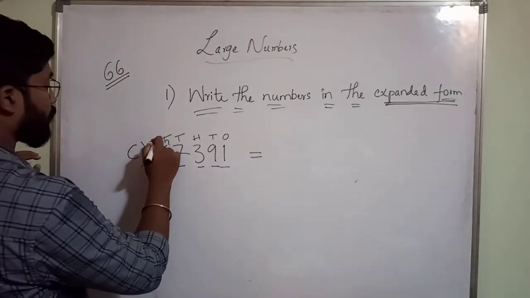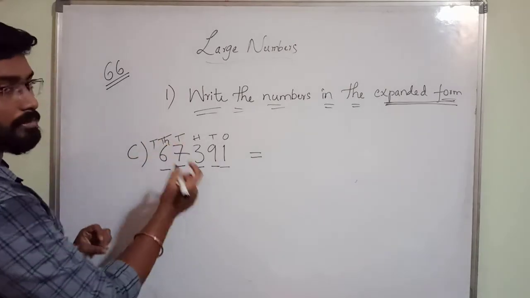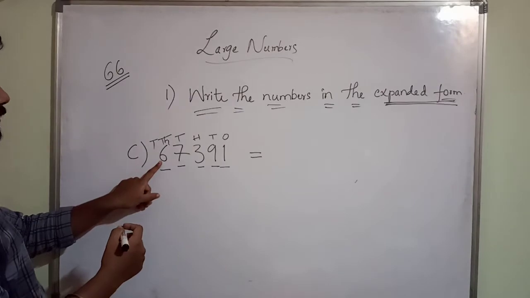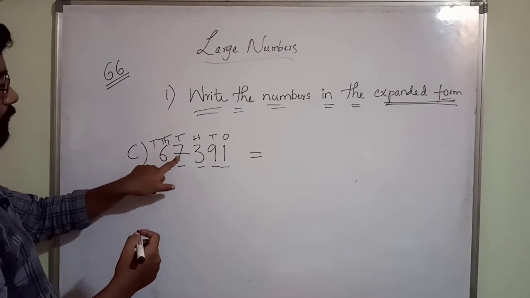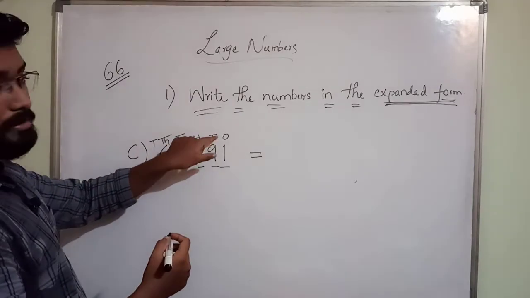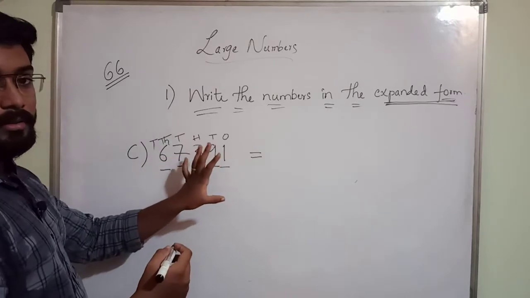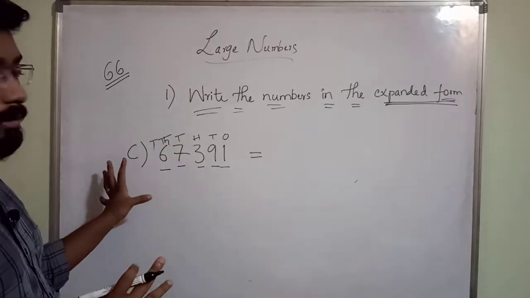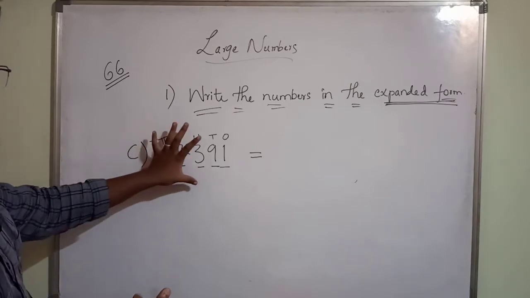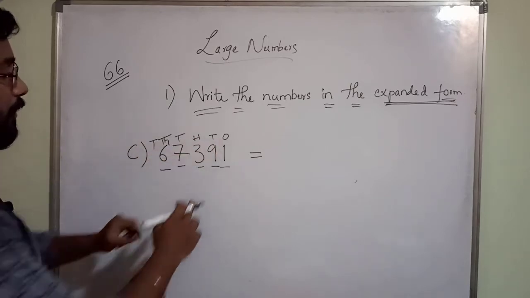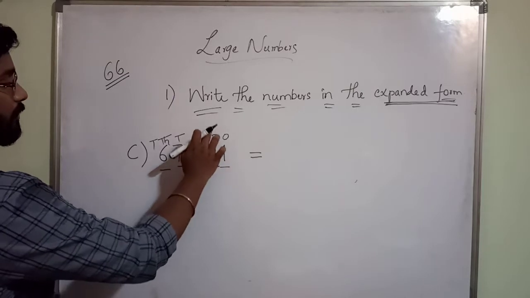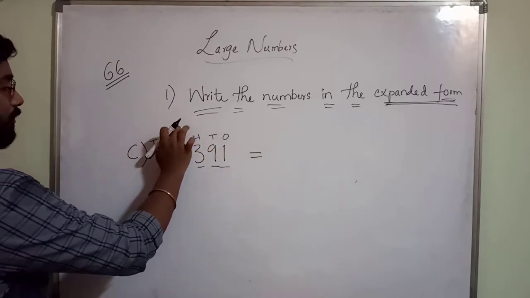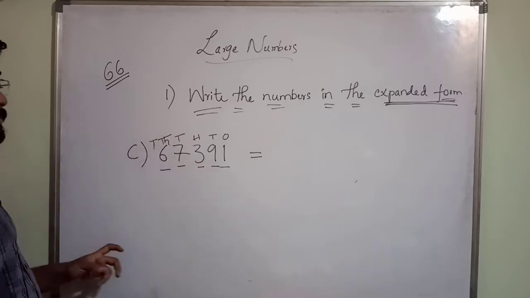Okay? First you have to divide the number into these many digits. 1 is in ones place, 9 is in tens place, 3 is in hundreds place, 7 is in thousands place, 6 is in 10,000s place.